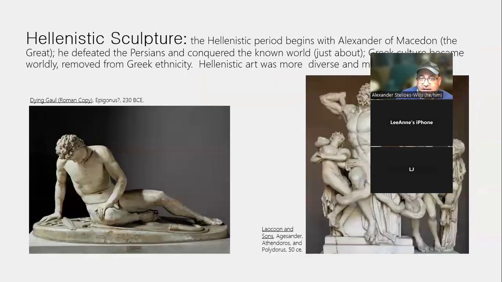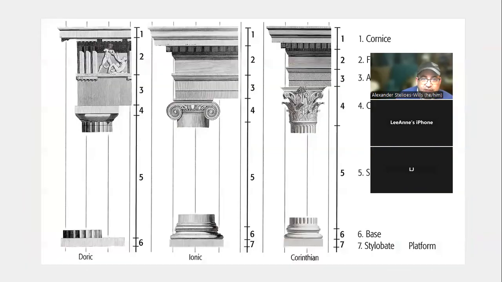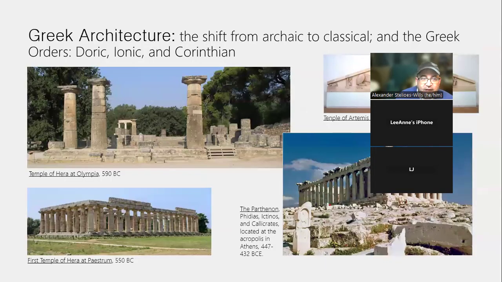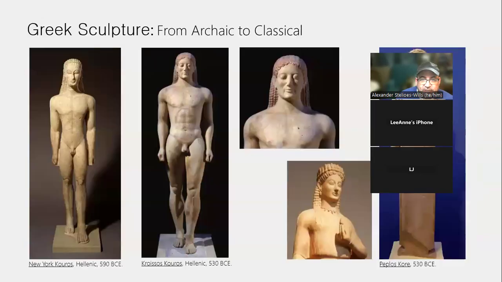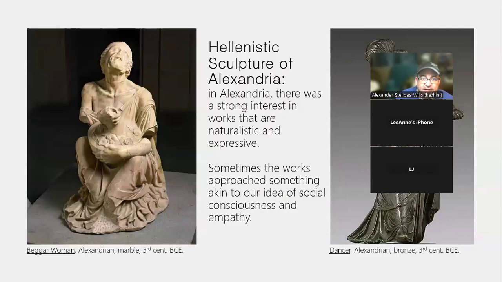One of the things I will also say is that the art historical lectures and the art medium lectures are going to be the ones that have like 80% of the testable material. Like on this last lecture, things like the definition of contrapposto, knowing the differences between the Greek orders, and knowing the difference between Hellenic versus Hellenistic.